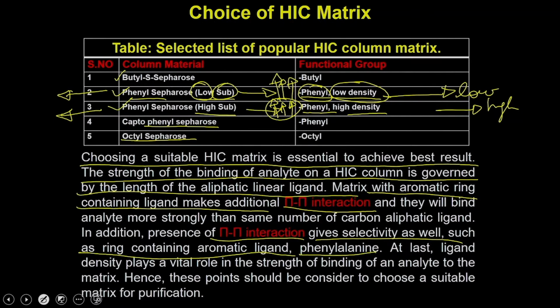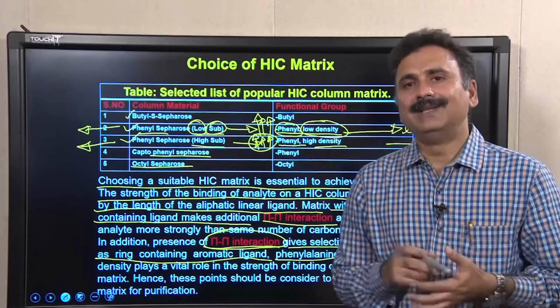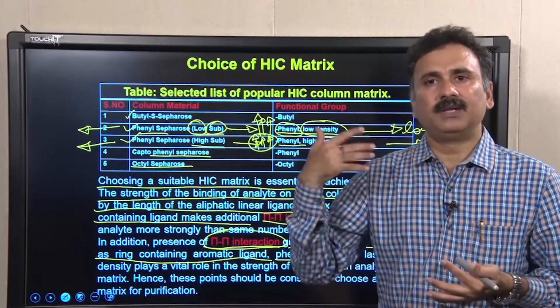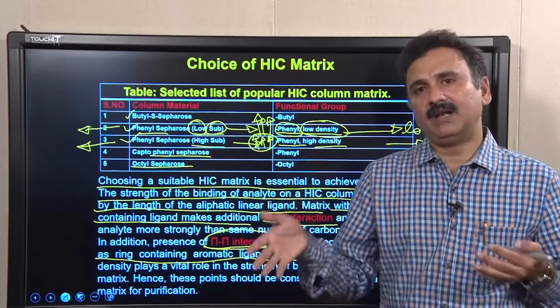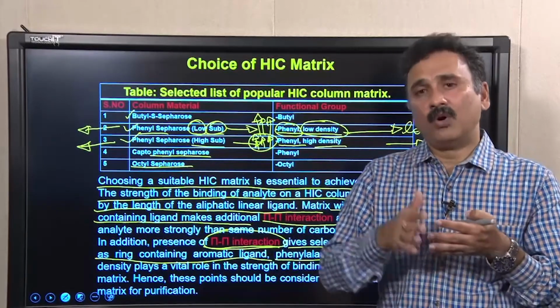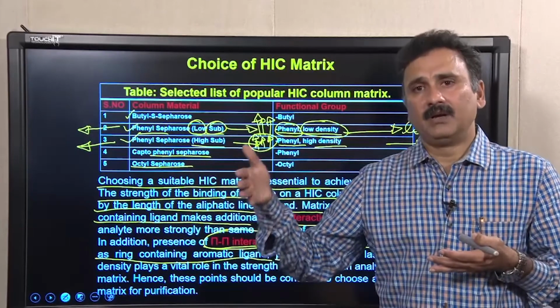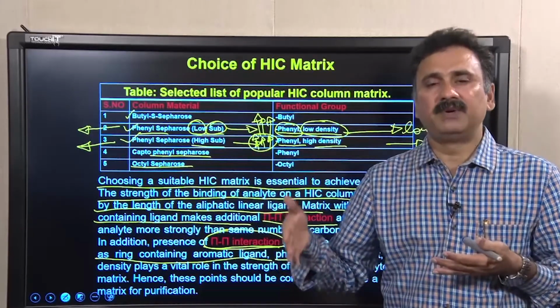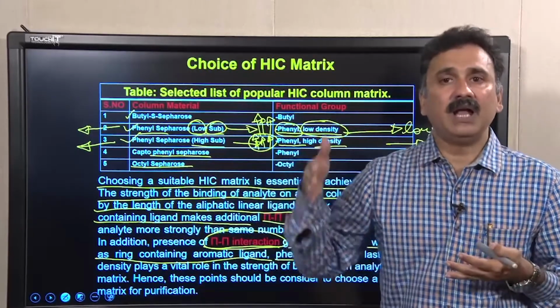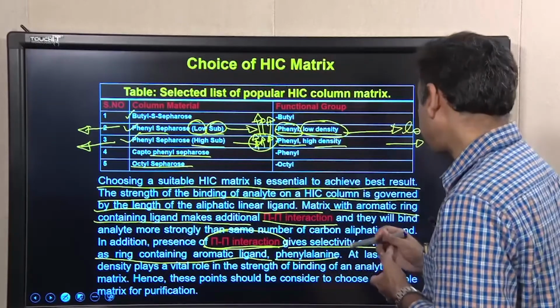Okay. So, the additional advantage of using the aromatic or the ring containing groups is that it also gives you selectivity, because phenylalanine, for example, has more affinity to bind to the ring containing groups present on the matrix compared to the aliphatic amino acids.